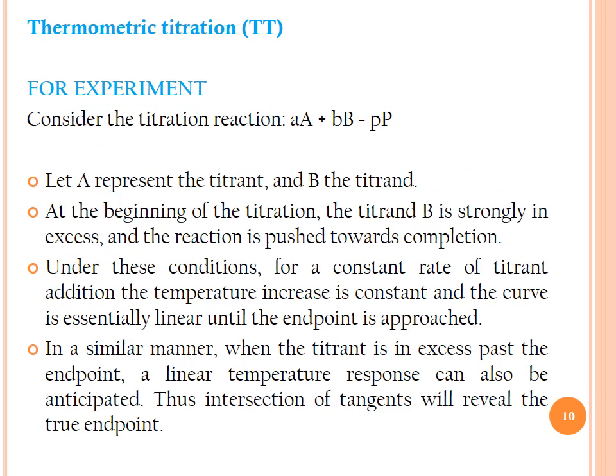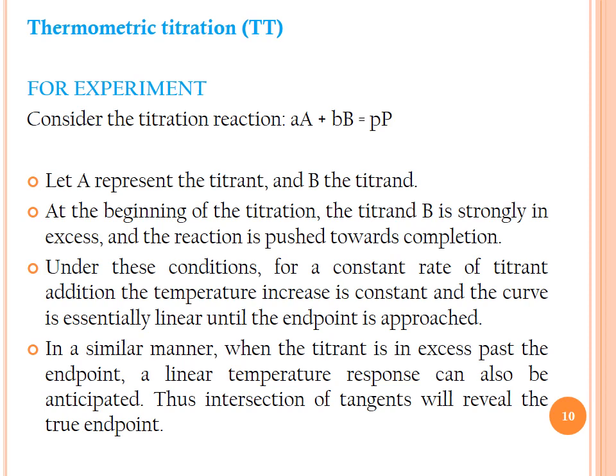For an experiment, consider the titration reaction A plus B is equal to P. Let A represent the titrant and B the analyte. Small a, small b, and small p are the numbers of moles. At the beginning of the titration, the analyte B is strongly in excess and the reaction is pushed toward completion.